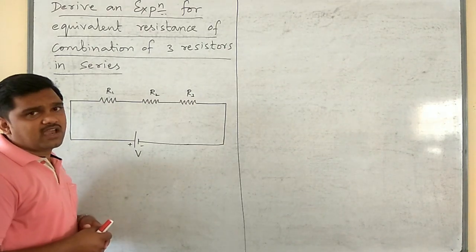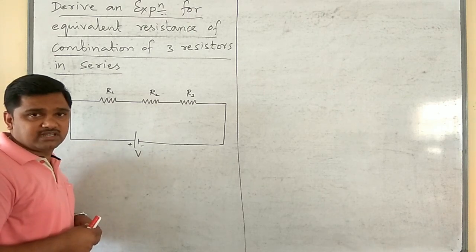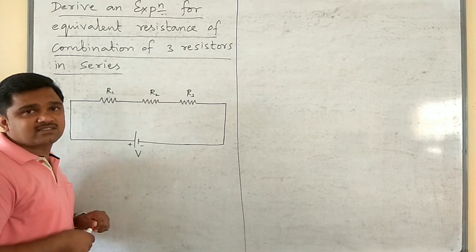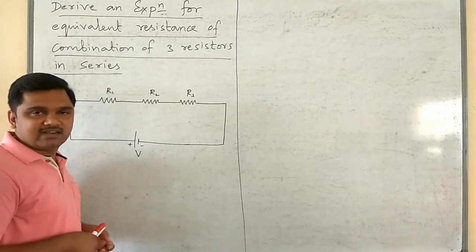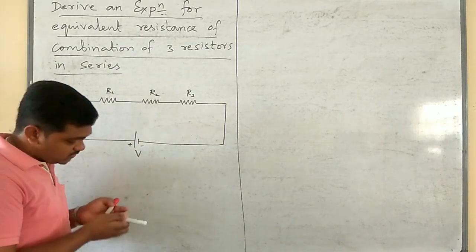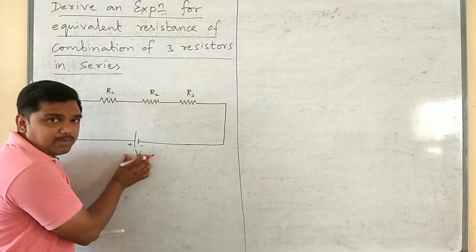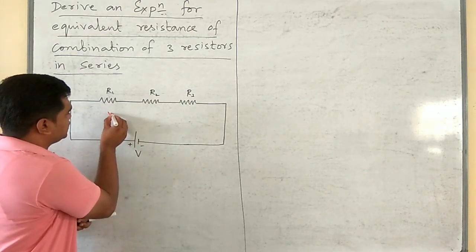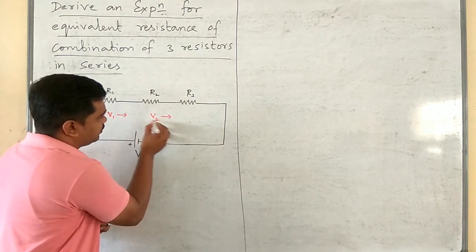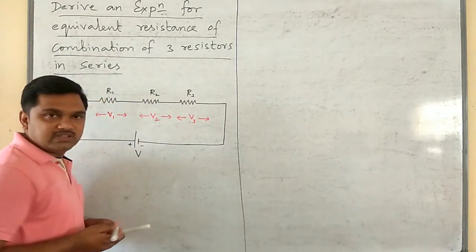In the last class I talked about this property of series combination. In series combination, which physical quantity remains constant? That is electric current. And which physical quantity gets divided? That is potential or voltage. Here I have applied the voltage V, which appears as V1 here and as V2 here, and finally the remaining voltage is given by V3.